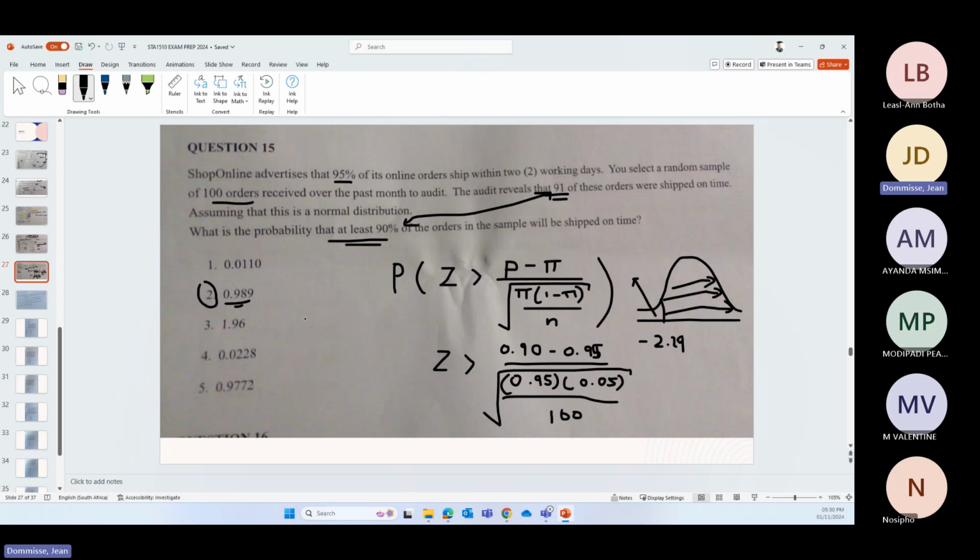Okay, so that was basically added to confuse us, because that was when I was wondering why did they add that. So we're testing the 90 against the 95. Okay, difficult one.